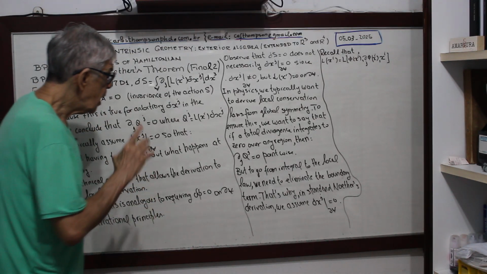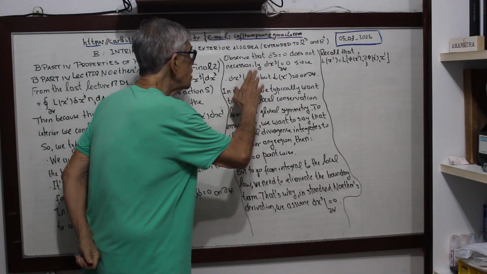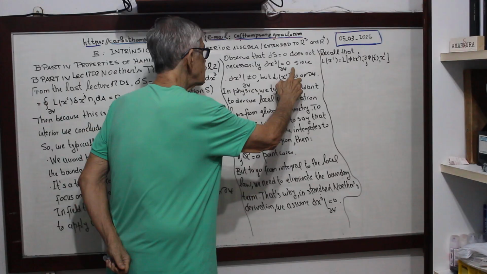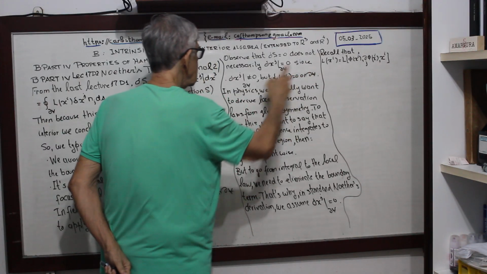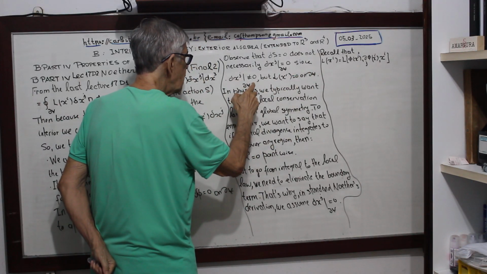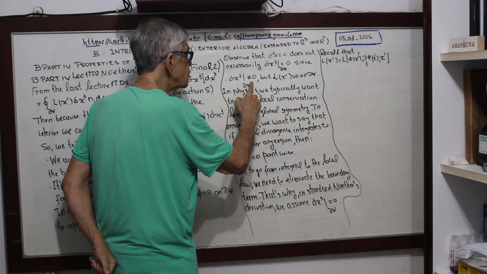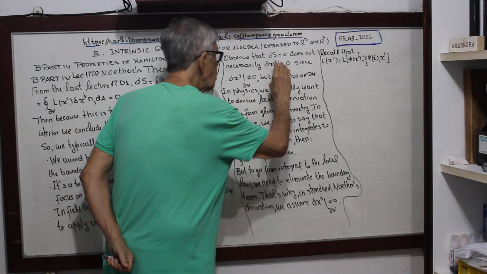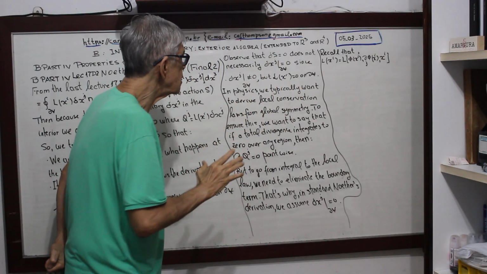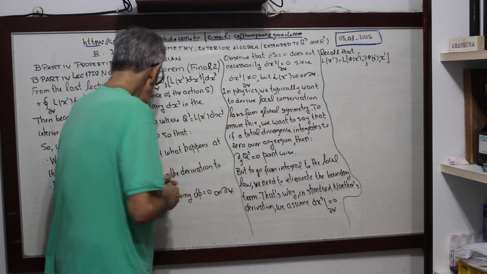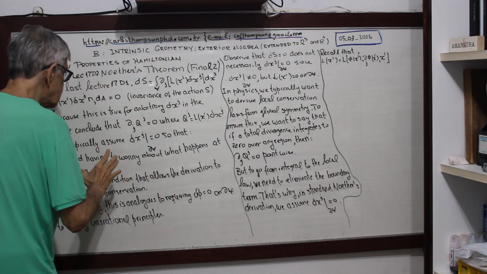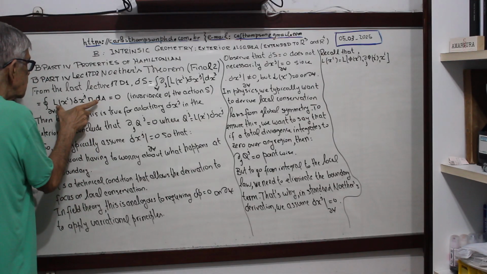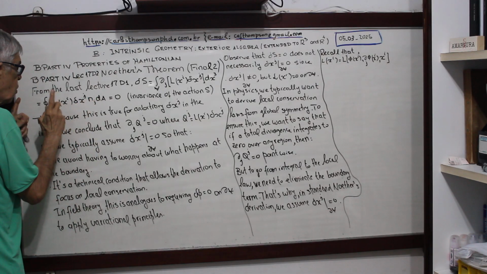Attention now. Observe that delta xj at the boundary could be different from 0, but Lξ could be 0. What I'm calling attention to here is this. Look how easy it is.